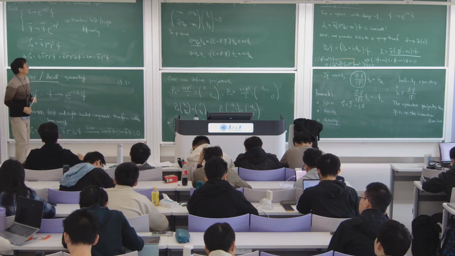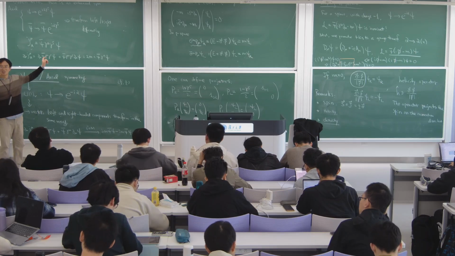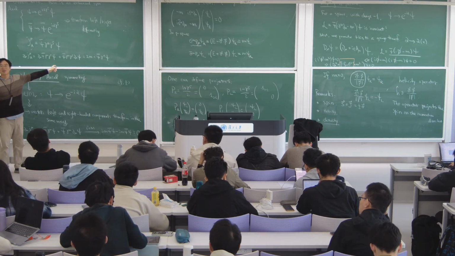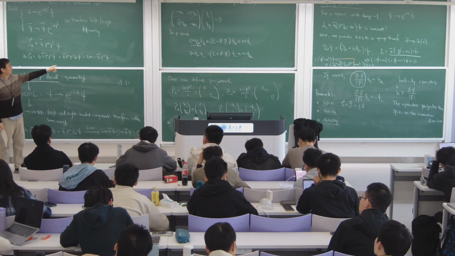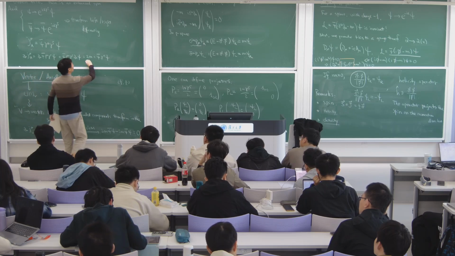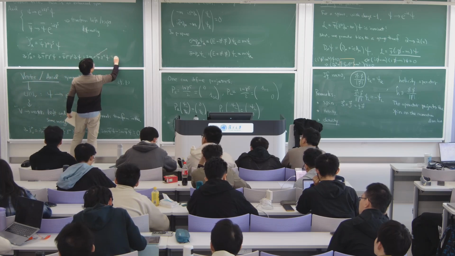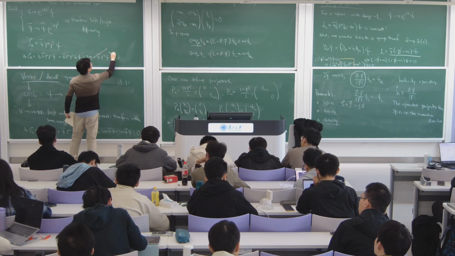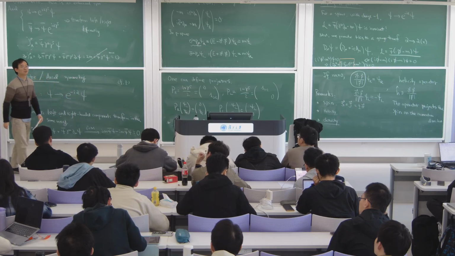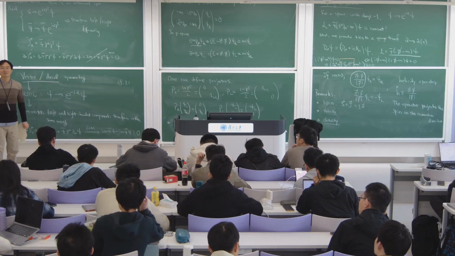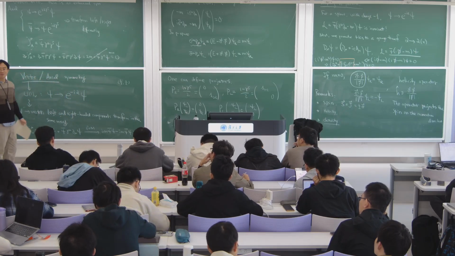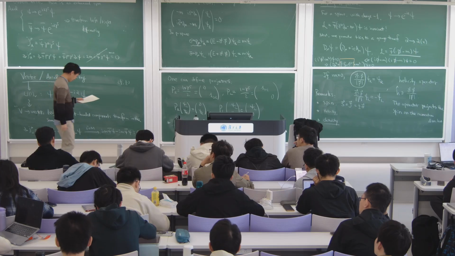So clearly you can see when m is not 0, it's not conserved, so it's not a symmetry. But for m equals 0, this is 0, so indeed it's a symmetry. So this is a symmetry only when m equals 0.